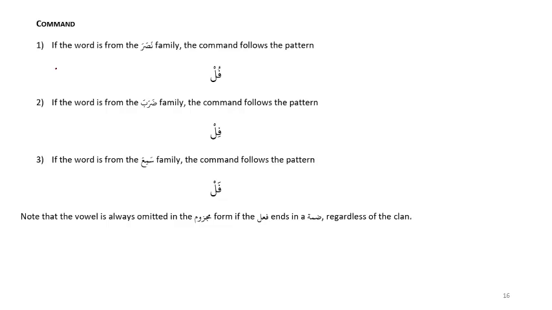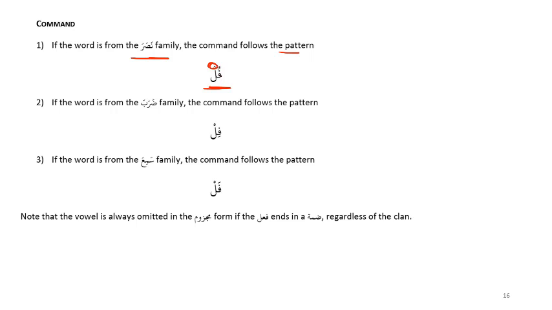Okay, and then the last point before we get into examples: if the word is from the Nasara family, then the command will be ful. Again, Nasara yansuru, the dhamma is over here, the middle letter goes. This is aligned with the things we've seen before, where with the command you have the fail in majzoom form, which means you have this jazm or sukoon at the end, and the middle letter just goes.